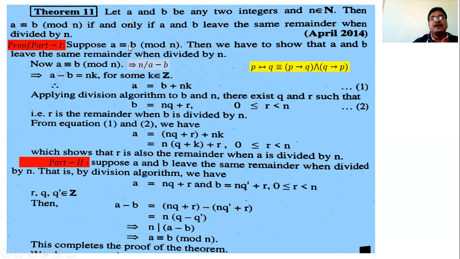So what is the meaning of a being congruent to b modulo n? It implies n divides a − b, which means a − b can be expressed in the form n times some integer. Suppose that k is that integer.